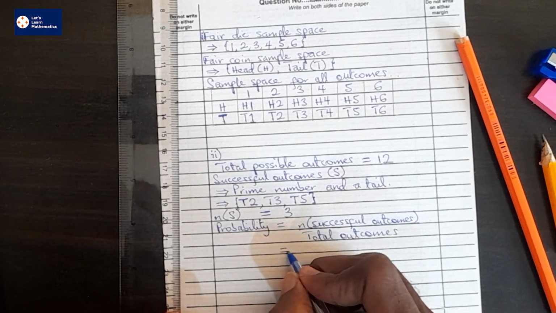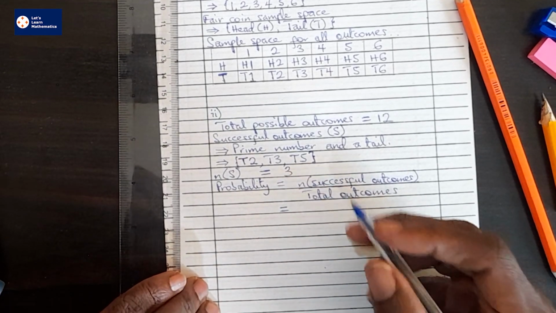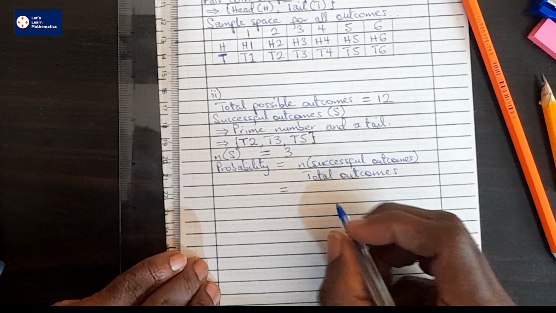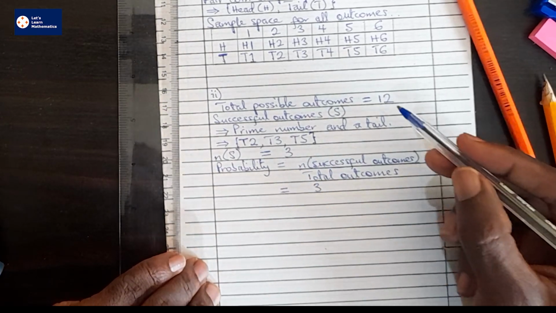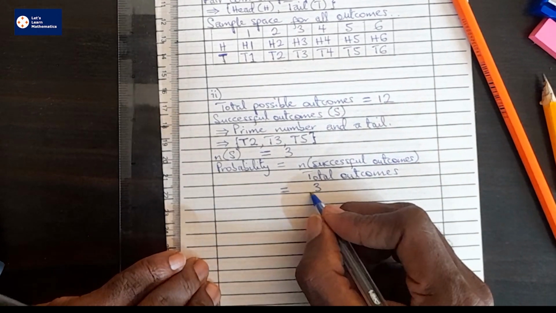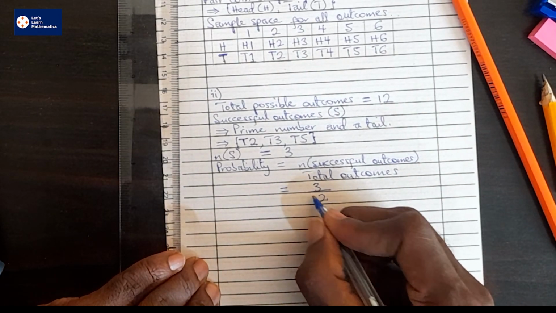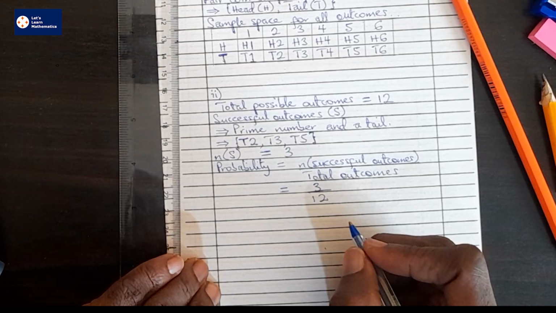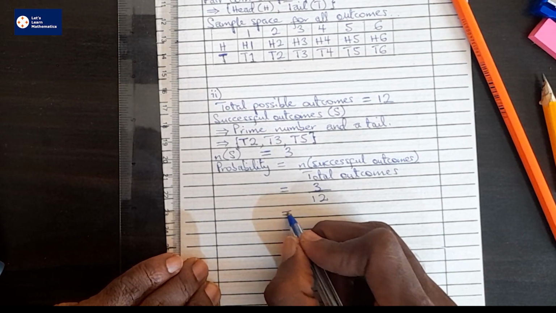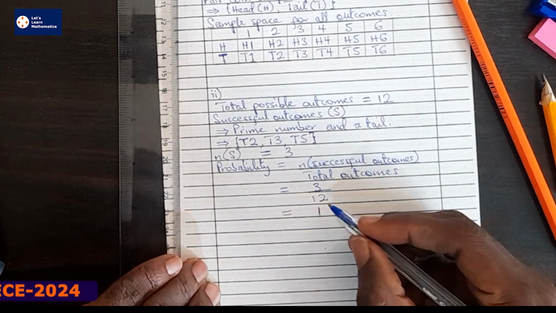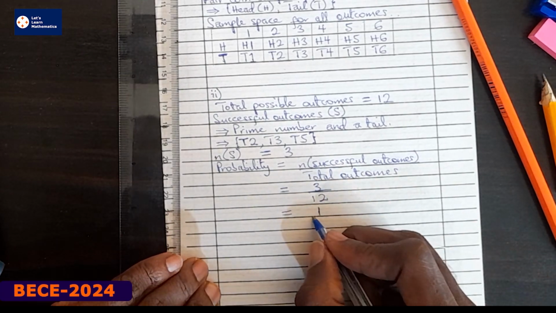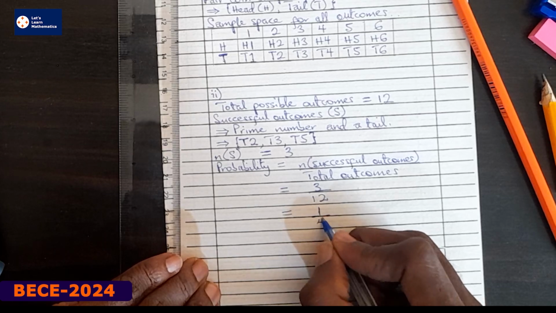And we have just found that the number of successful outcomes, which is our N of S, is 3. And then our total outcomes, which we also know from here, is 12. So it means we have 3 over 12. And when we break 3 over 12, we use 3 to cancel 3, we are going to get 1. When we use 3 also to cancel 12, we are going to get 4.